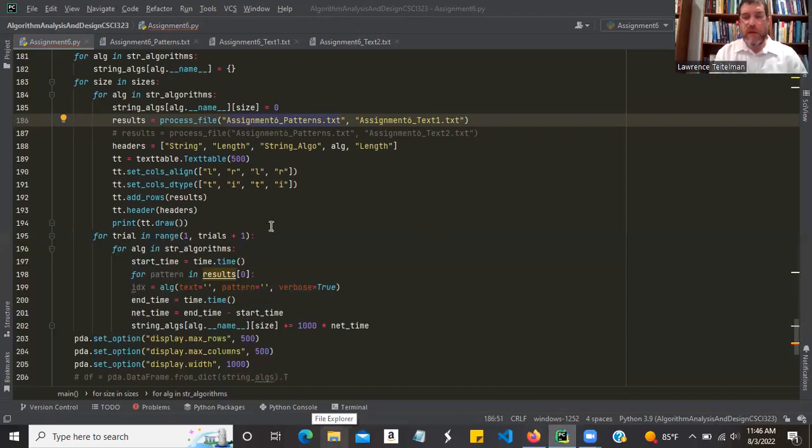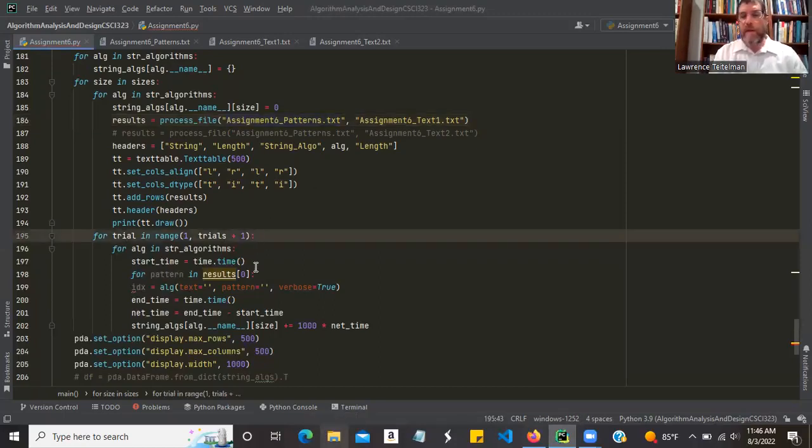Start time equals the time. And then you're gonna call your alg on your text and your pattern. And then you're going to get your end time. Again, the indentation isn't reflected here. Equals time. And then you're going to get your net time equals the end time minus the start time.